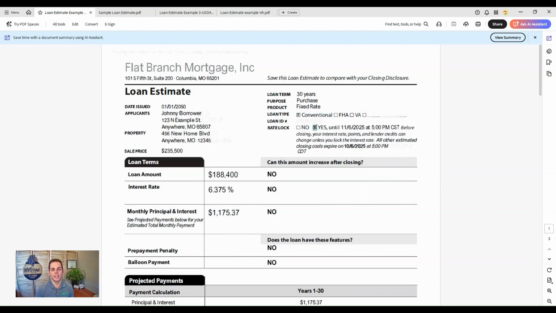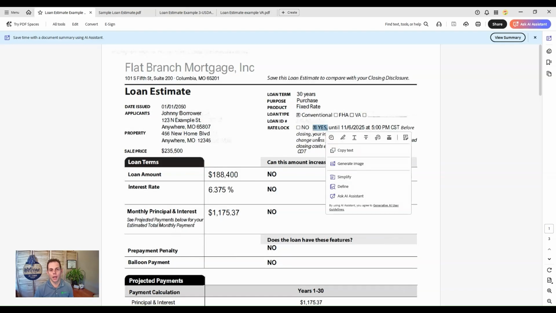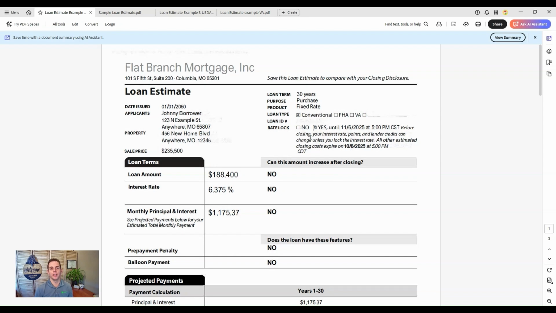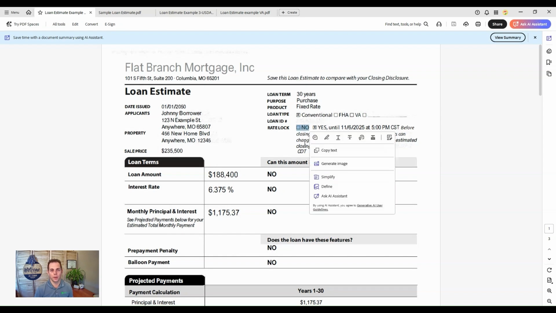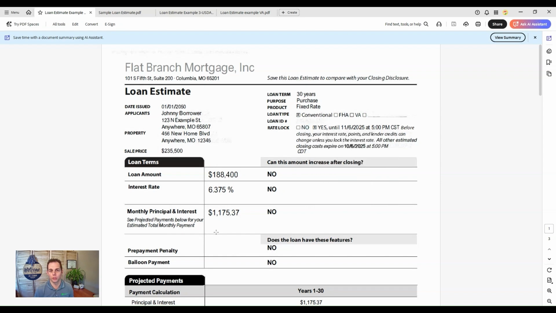Something really important that I want to call your attention to is the rate lock. Was it locked, yes or no? You will get a lot of reasons why we're locking and not locking rates, and I will give you reasons as well. I want to caution you: anytime some big online lender calls you and says, hey, I can give you a better rate, you should always ask them for a locked loan estimate. A very common trick in this industry is to send out an unlocked loan estimate and show you too-good-to-be-true numbers.